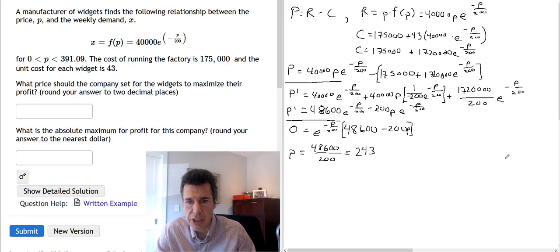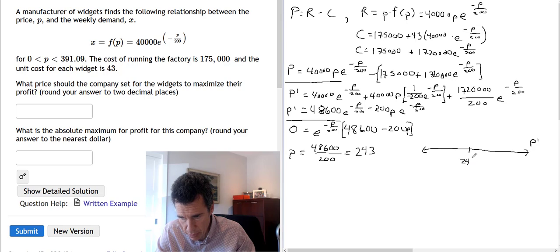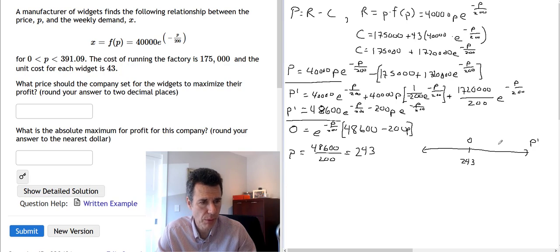Now, given the problem, we would guess that this represents a maximum, but let's check. I like the first derivative test, so we want p prime. We've got a critical number 243, so it's 0 there. Let's choose a small price, bigger than 0 and smaller than 243, say 10.